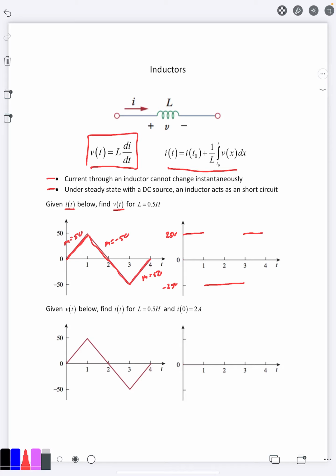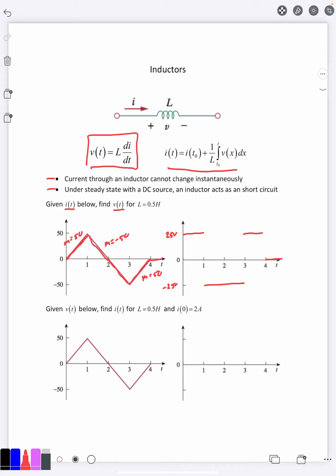And since at this point the current is going to stay constant forever, it never changes again, that means the derivative is 0. So that quickly gives us our values for the derivative, which is the voltage across the inductor.